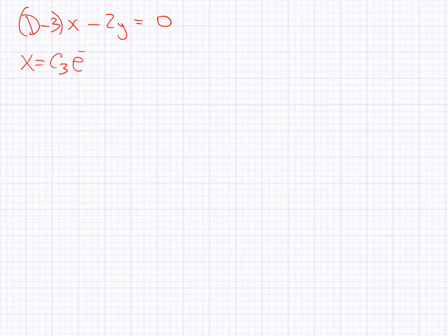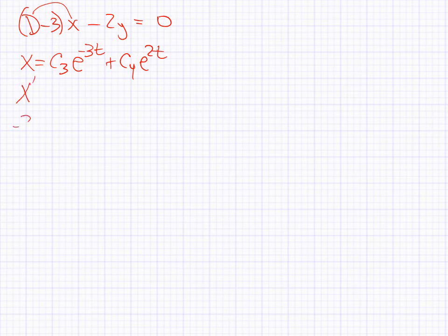So again, the equation I'm going to work with is this, (D - 3)x - 2y = 0. So x, again, if you remember, is c3 e to the negative 3t plus c4 e to the 2t. So I need to do the derivative of this, that's what this is, x prime.